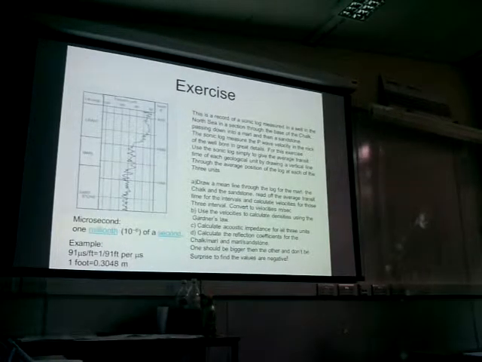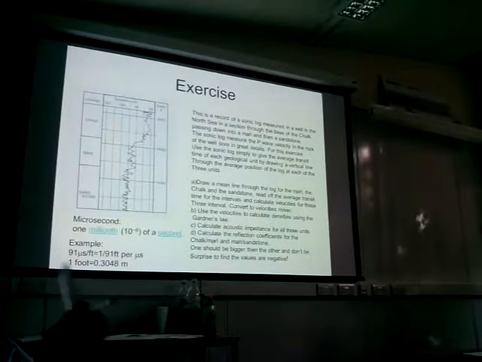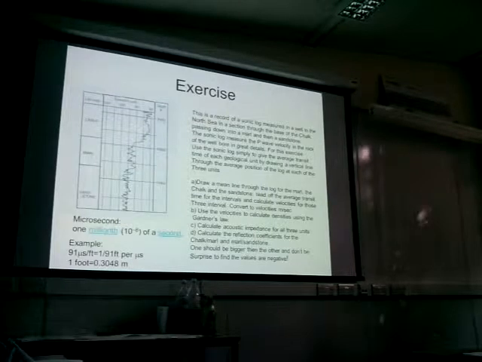The reflection coefficient is the ratio between the reflected and the incident amplitude, so A1 over A0. That is (rho2 V2 minus rho1 V1) over (rho2 V2 plus rho1 V1). Rho is the density, and you've got the velocity of every unit, because you calculated it through the Gardner law. You've got everything, and then see which reflection coefficient you get.